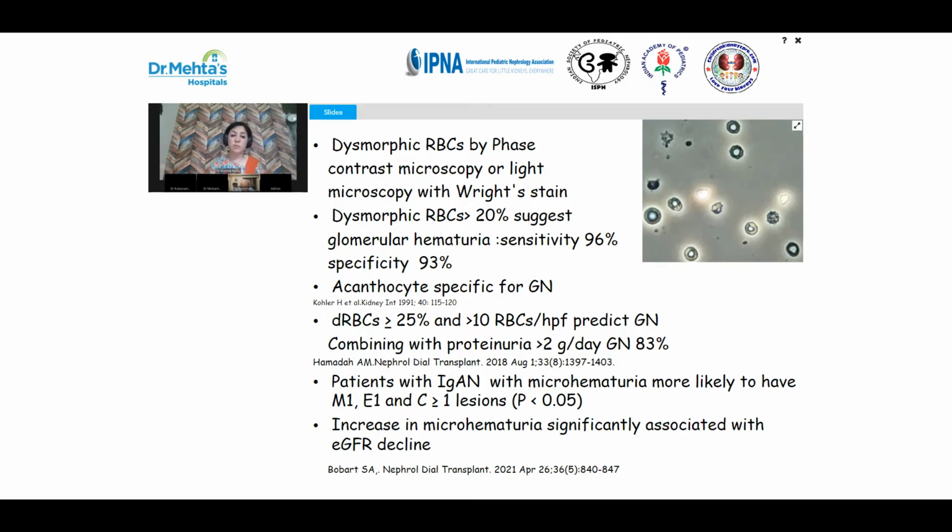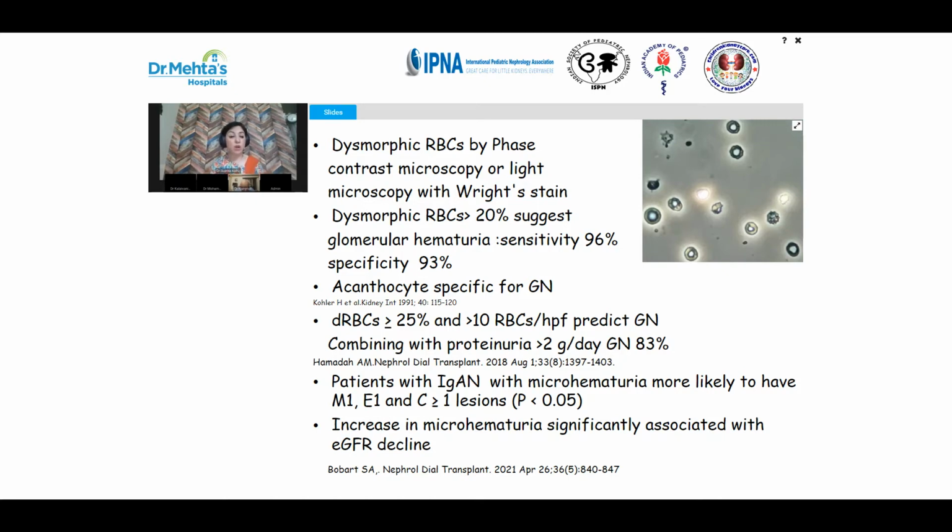Presence of dysmorphic RBCs more than 25% and more than 10 RBCs per high power field predict GN to a very high percentage. And if you combine it with nephrotic range proteinuria of 2 grams per day, then the sensitivity and the positive predictive value of these investigations is as high as 83%.